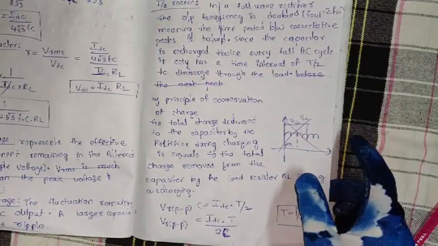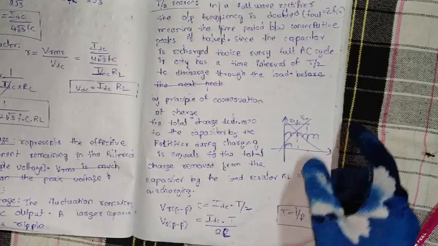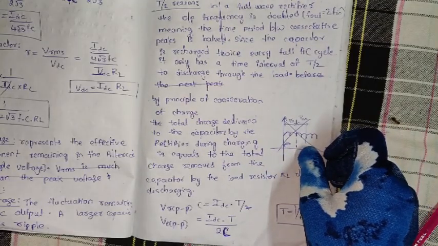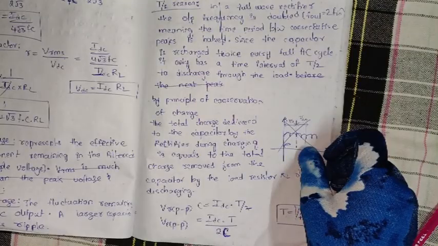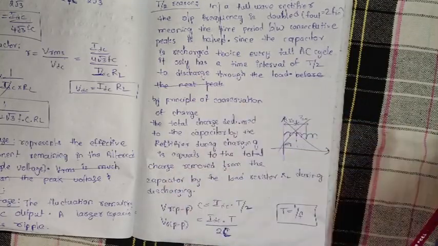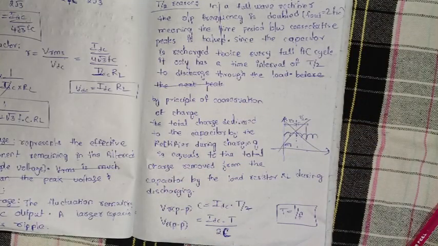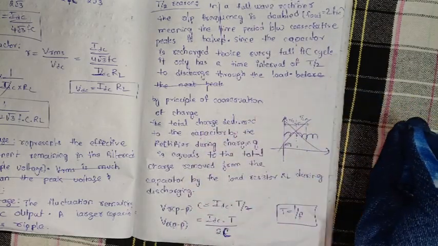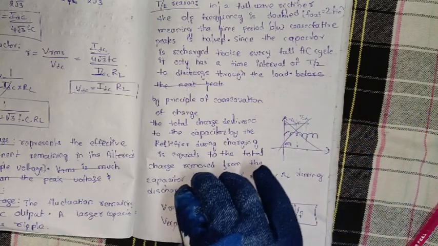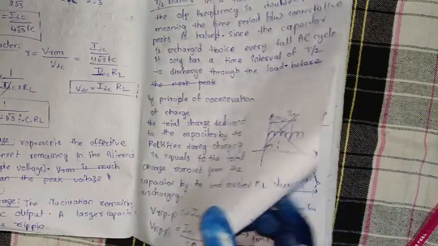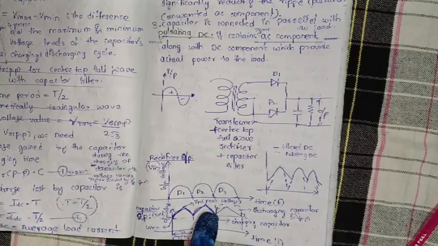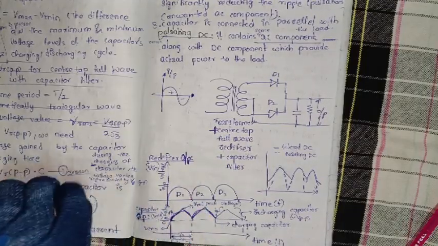It means we are discharging twice and we are recharging twice. So the time will be halved. Here we can see that we are discharging two times in one cycle.